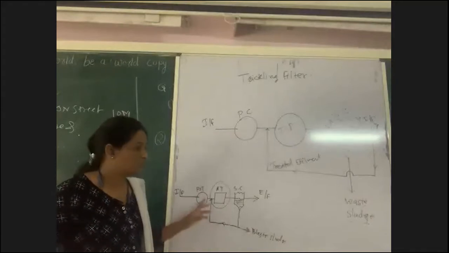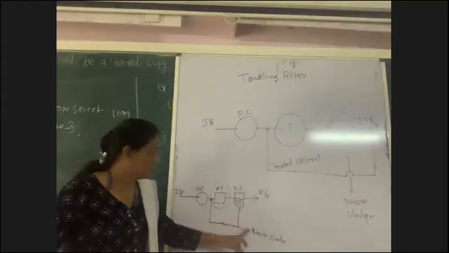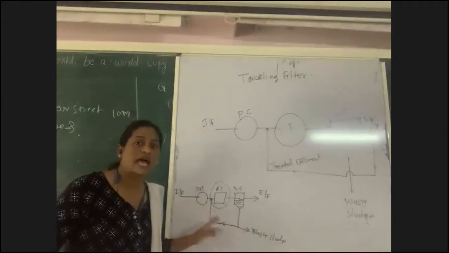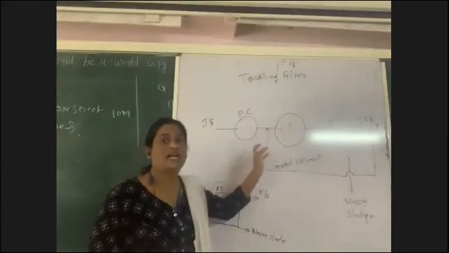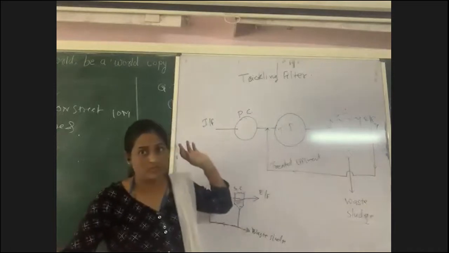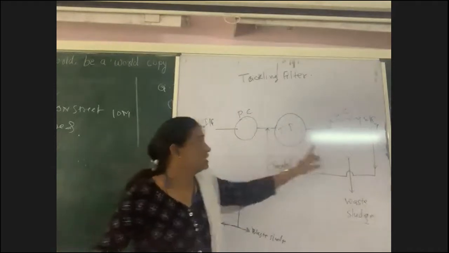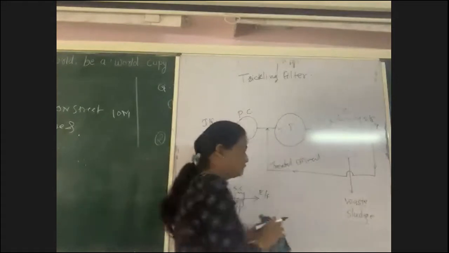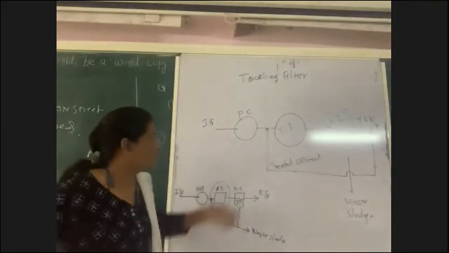Okay, that was the intention to go for the recirculation of waste sludge, or I can say active sludge. But here we are not recirculating the sludge, we are recirculating the treated effluent, because here there is no requirement of active sludge.